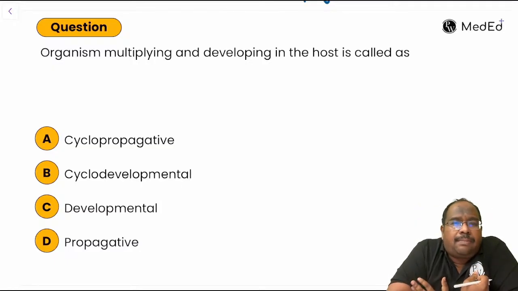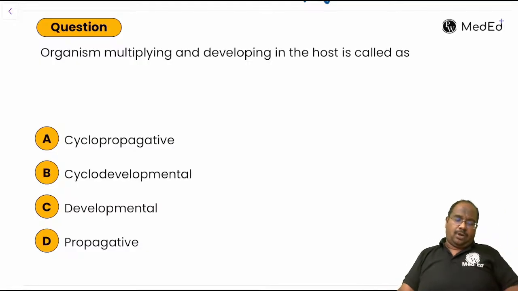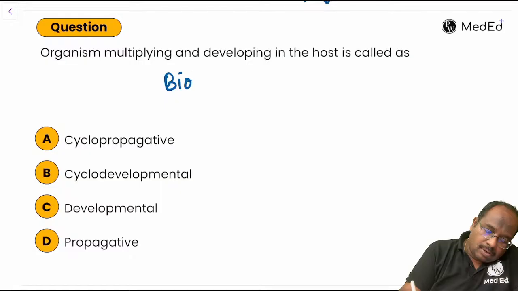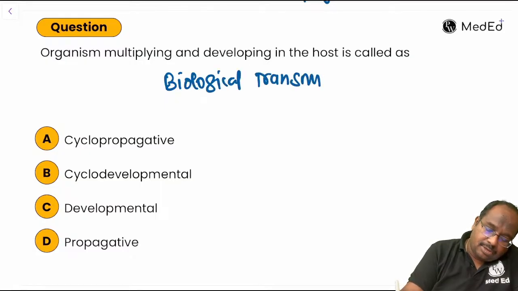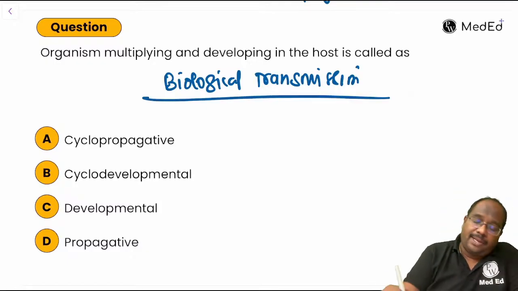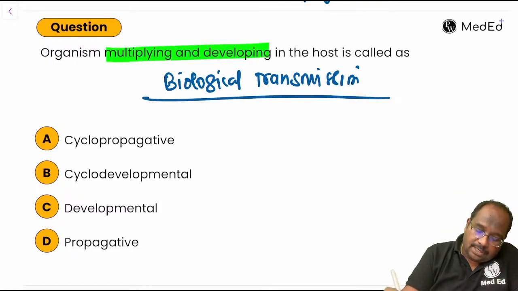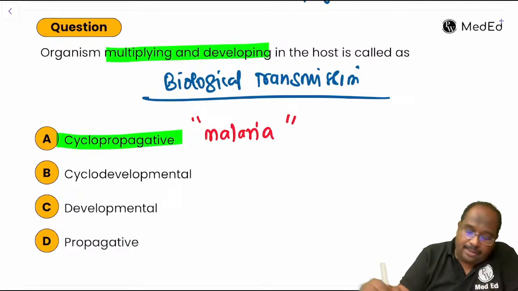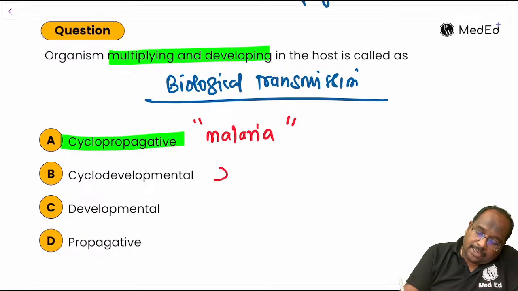The organism multiplying and developing in the host is called as. This concept is based on biological transmission. When the agent enters inside the vector, both multiplication and development happen. That is cyclopropagative. Example is malaria. Cyclodevelopmental means only development happens.